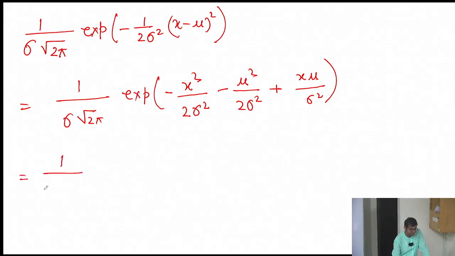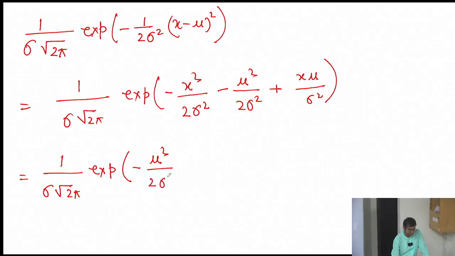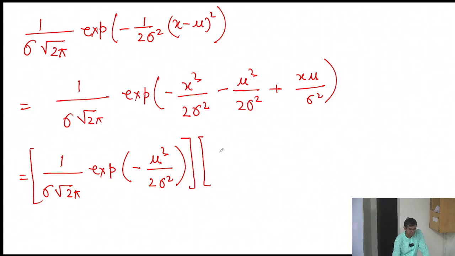So this is equal to 1 by sigma root 2 pi exponential of minus mu square by 2 sigma square, multiplied by 1, multiplied by exponential.